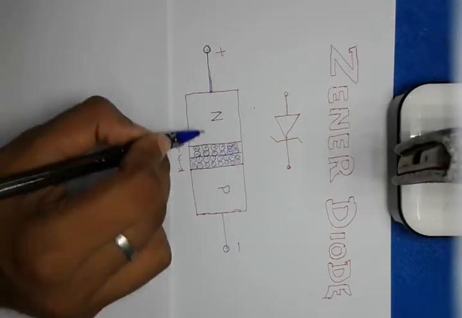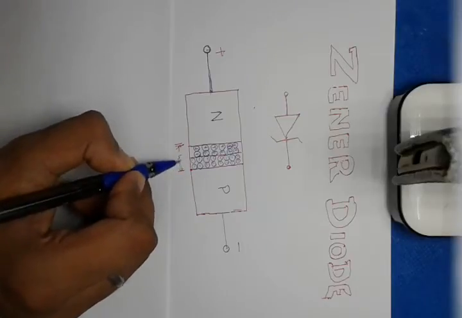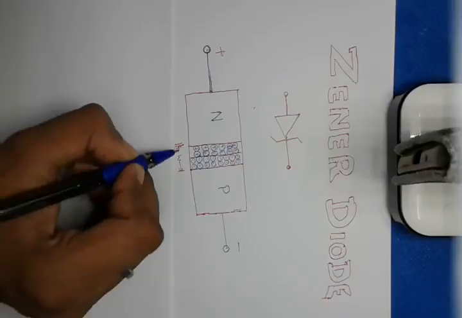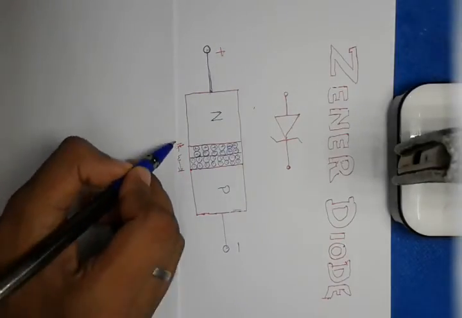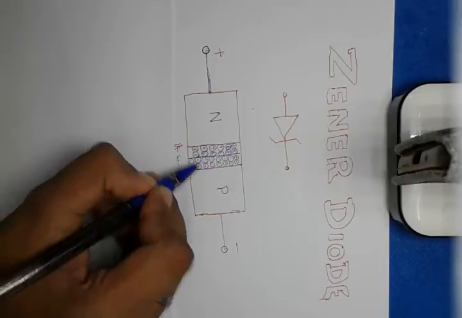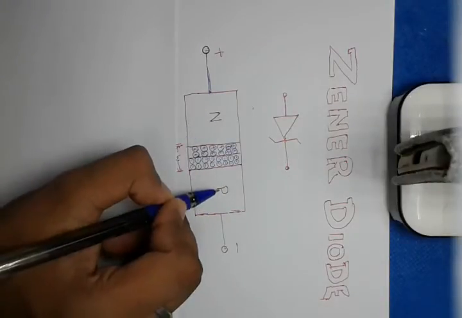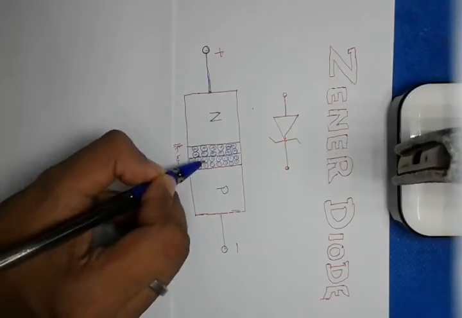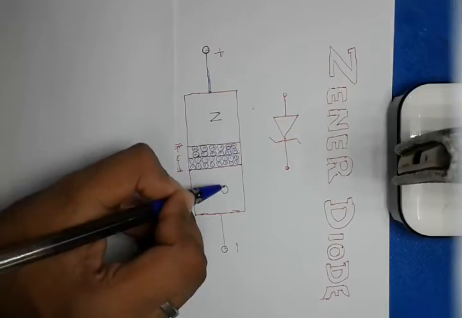When we heavily dope both P and N, the width of the barrier is reduced, so we have a thin barrier. A thin barrier, as we know, can be achieved by heavily doping the P and N sides, because the width is inversely proportional to the doping level.